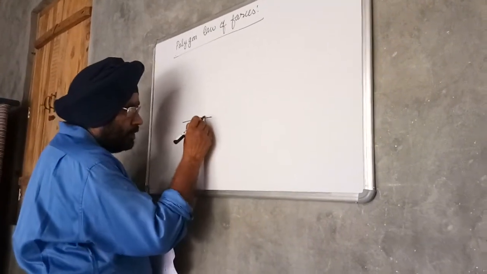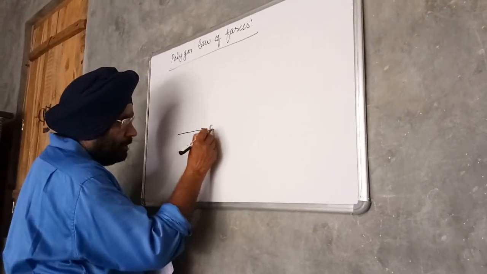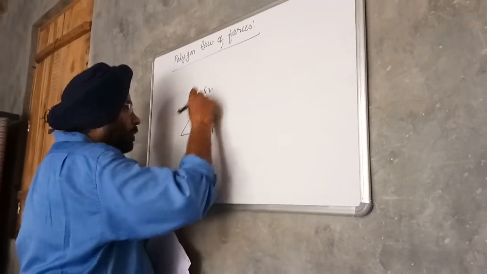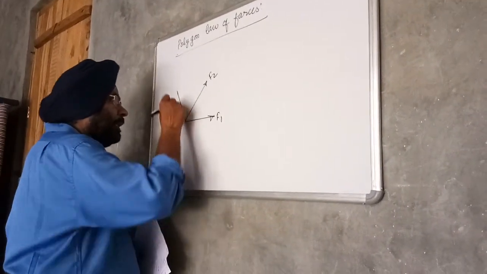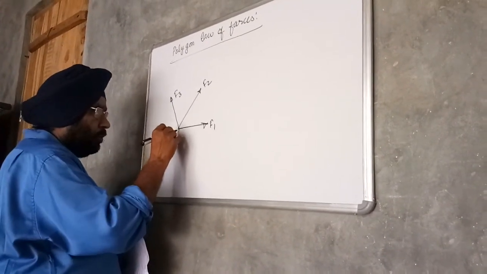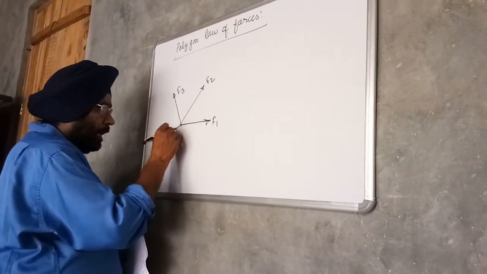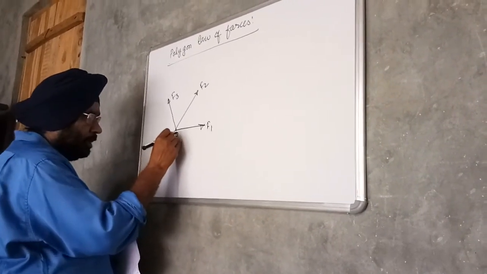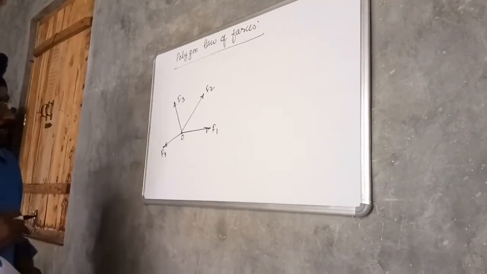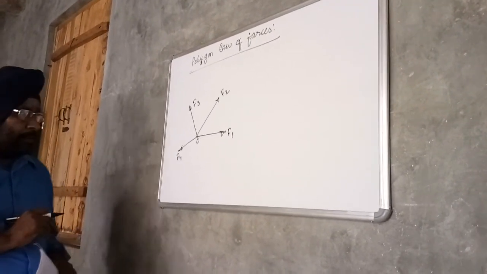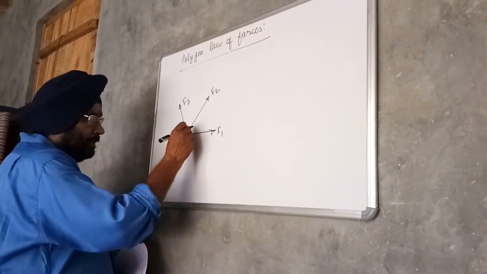Take a number of forces: force F1, force F2, force F3 and force F4. These forces are acting on a body.